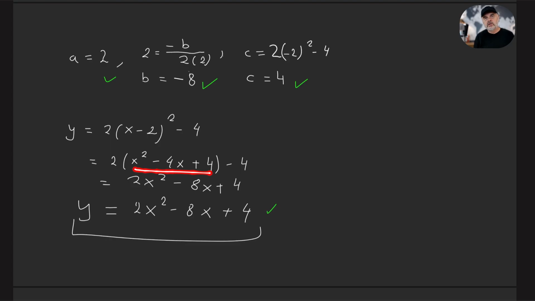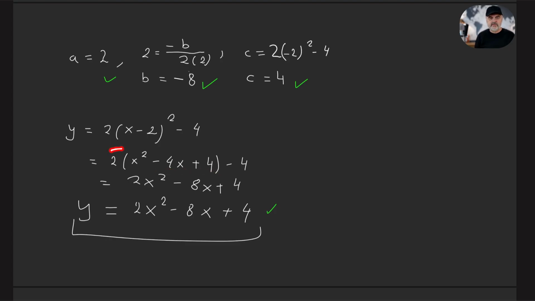You can do the long way, the FOIL method. It doesn't matter how you do it. Or you can directly apply the perfect square trinomial formula. You square the first term, you square the last term, and the middle is 2 times first times second. So this is negative 4x.